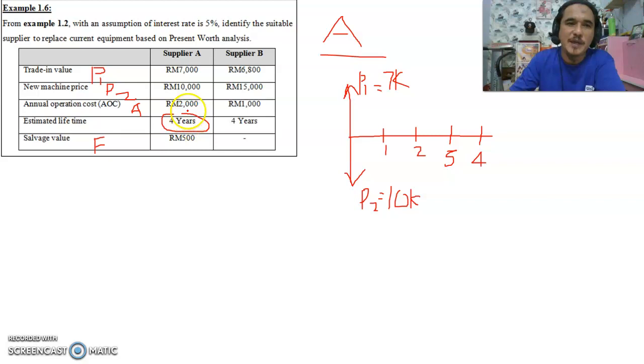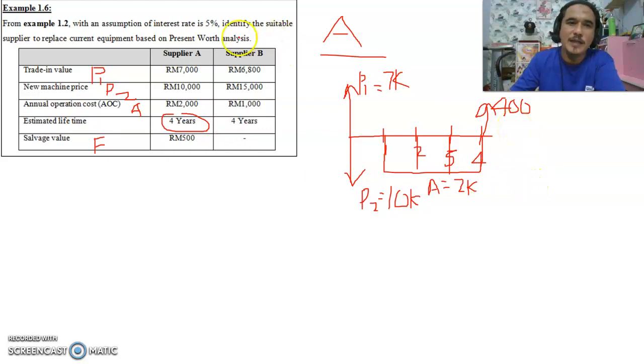We need to spend 2,000 per year for the AOC, from year 1 until year 4. A is 2,000. From supplier A, the salvage value means we get money at the end of year 4, which is 400. So this is our CFD for A.